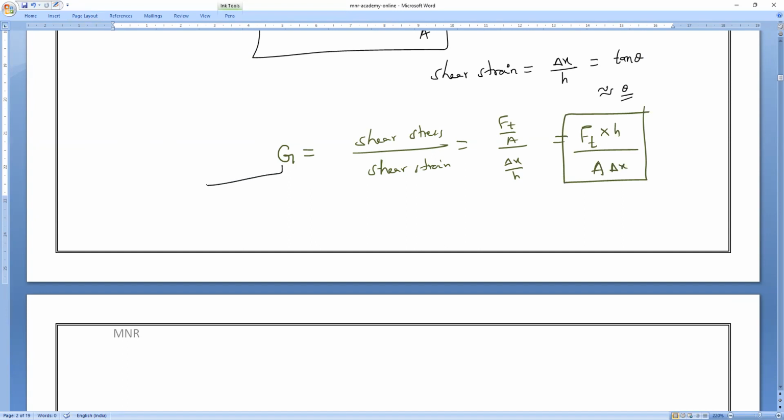Yes, sir. Please note one more thing I'm saying. What do you mean by G? Anybody can tell? Shear elasticity. Am I right or wrong? Shear elasticity, also called modulus of rigidity. Please note it.